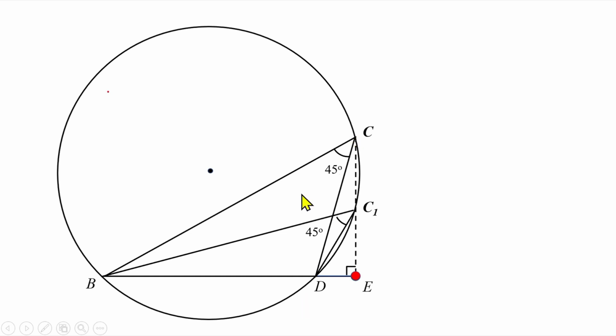So there are two triangles which satisfy the formulation of the problem. They have different area, and this explains why do we have two solutions.